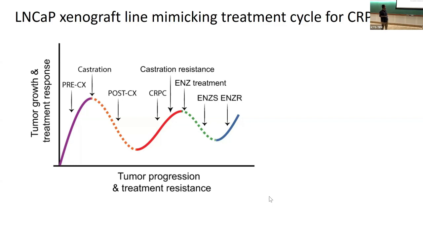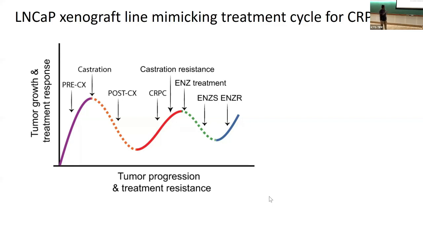That's for another day, but our collaborators at Queensland University of Technology in Brisbane did a mouse experiment. They had this mouse line that mimics the metastatic prostate cancer life cycle. This is a cartoon that shows the y-axis as the tumor burden, and the x-axis as the time progress.